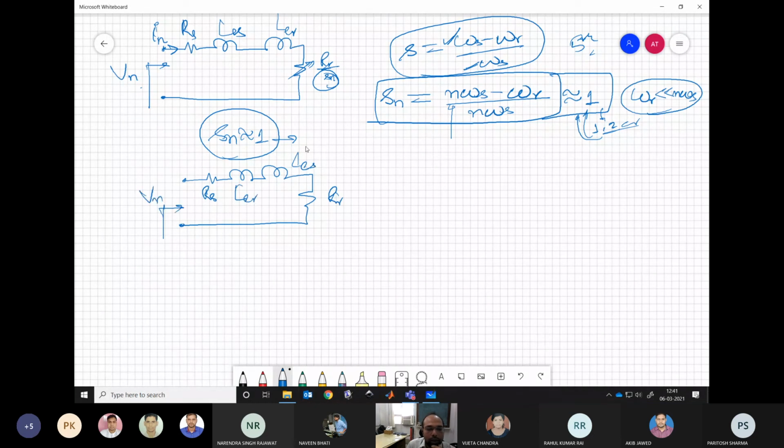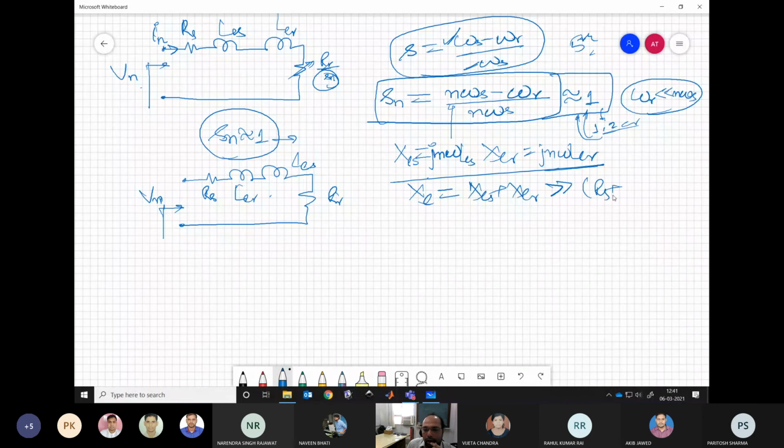We have these impedances now. Because we are feeding the nth harmonic, the leakage reactances XLS and XLR will have n multiplied to the impedance. So the value of XL, which is XLS plus XLR, is going to be very high compared to RS plus RR, which means we can ignore the resistance part in this circuit.